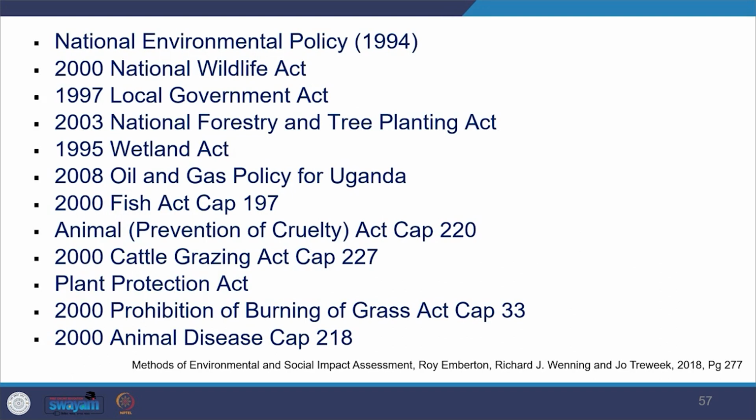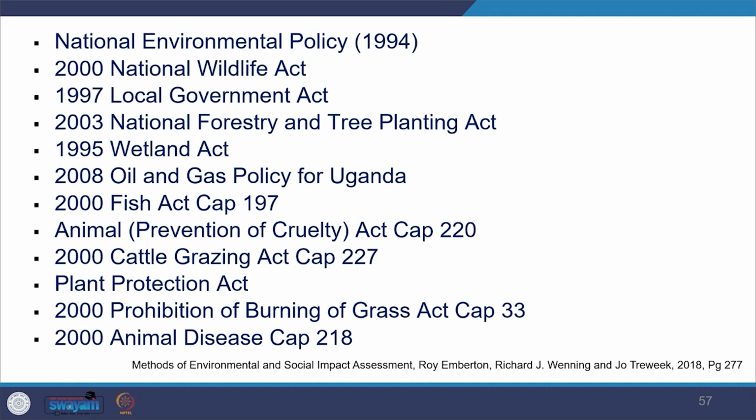You can look at many other policies for review purposes. All those lists have been provided to you here: National Environmental Policy, National Wildlife Act, Local Government Act. So these are international and national examples given to you.